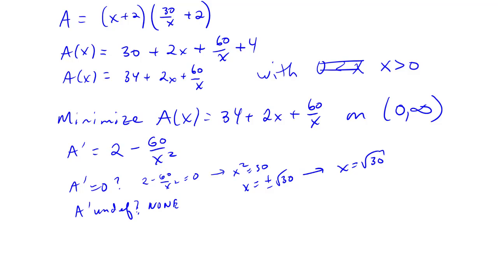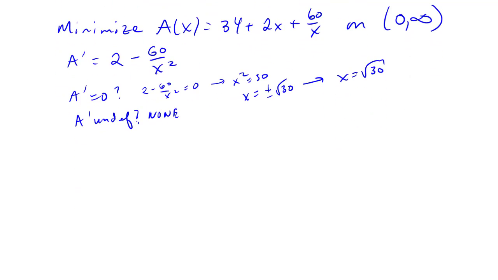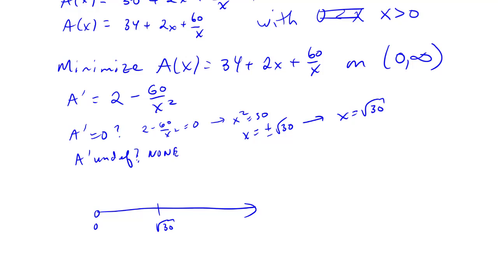All right, so we need to look at that. So 0 off to infinity. We'll just put the square root of 30 in there. Here's A prime. If I put, say, a small number like 1 in there, I'll definitely get negative. If I put some really big number in the denominator there, that's going to make 60 over x squared really small. So I'm going to get a positive from 2 minus that.